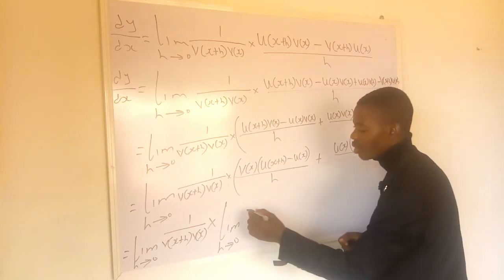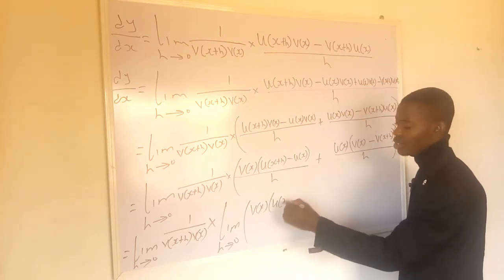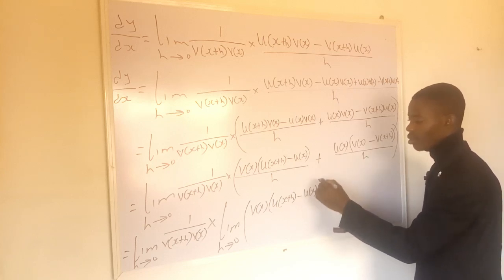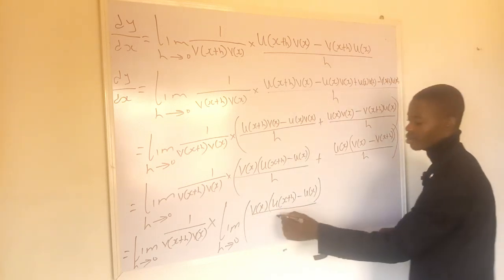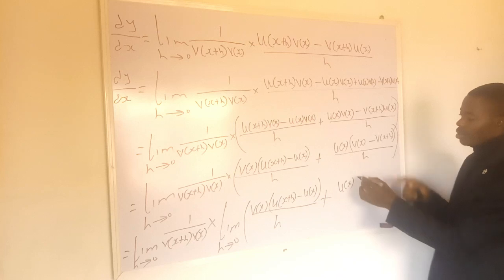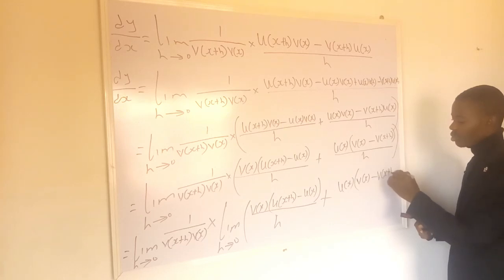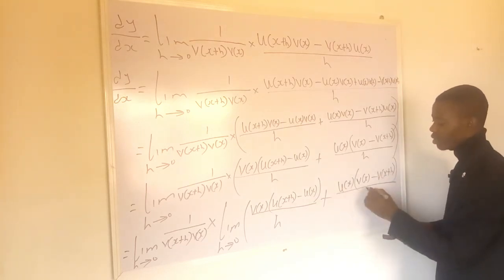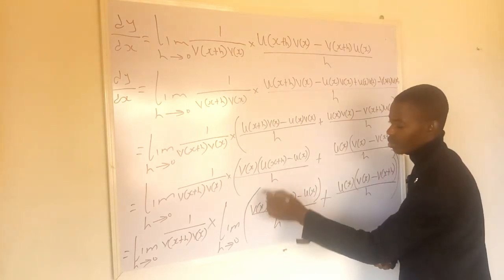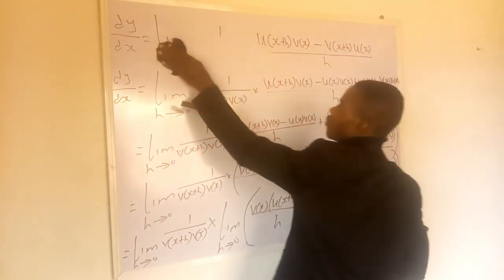Now for these expressions, okay, that's v of x multiplied by u of x plus h, okay, then minus u of x, all divided by h, perfect, then plus this one u of x, then the little brackets v of x minus v of x plus h, and this big bracket all divided by h, and we have the biggest brackets. Perfect. Okay, hope you're following the logic and the steps. Good. Now to have enough space, let's get the one above.